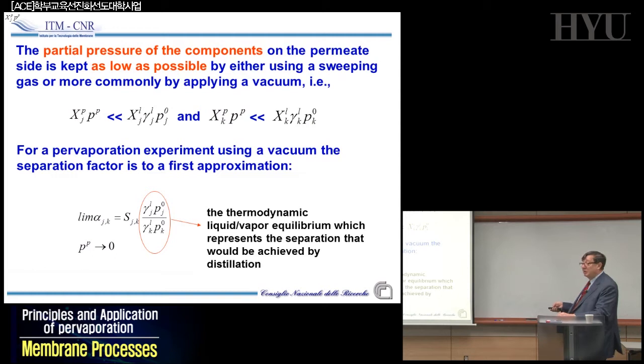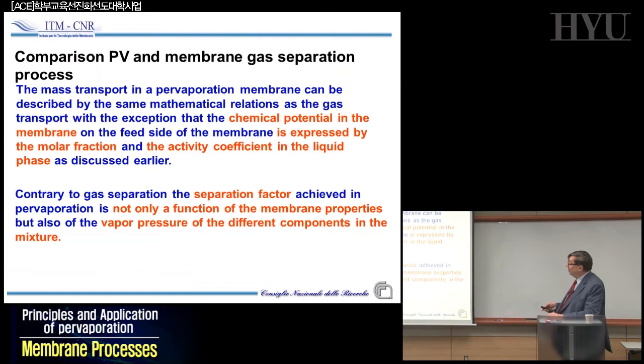So the limit of this case is exactly what you can have with distillation instead of pervaporation. It's interesting, however, to understand why people suggest using pervaporation instead of distillation. There are different motivations, but one is very important. You know that in distillation you can separate at any level when you don't have any azeotrope.